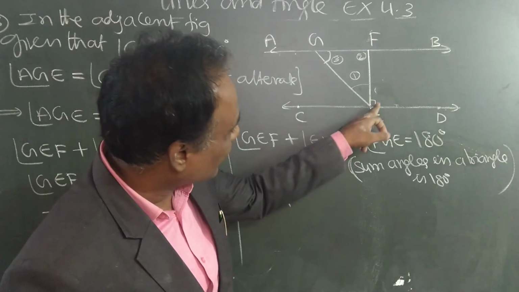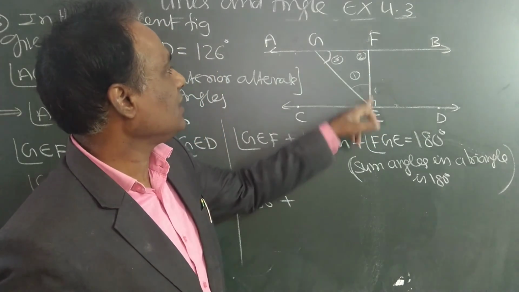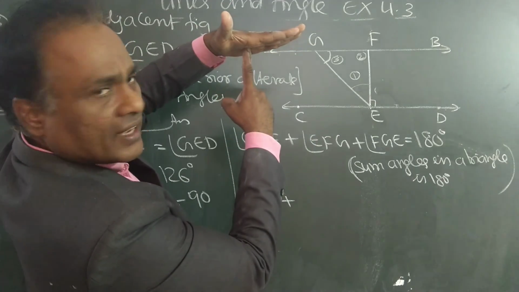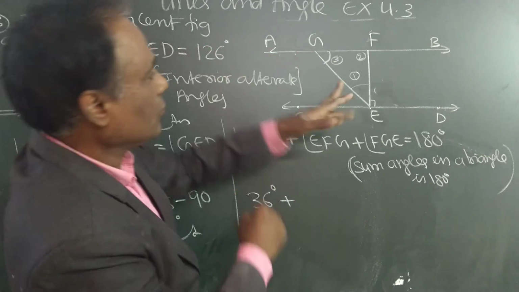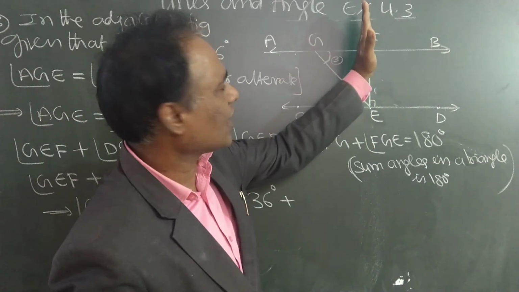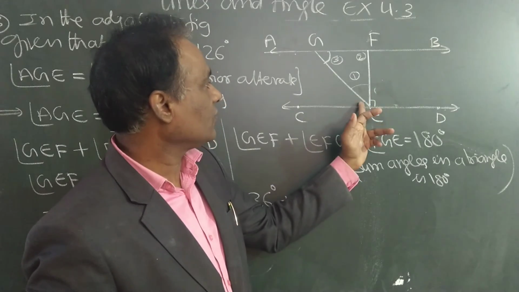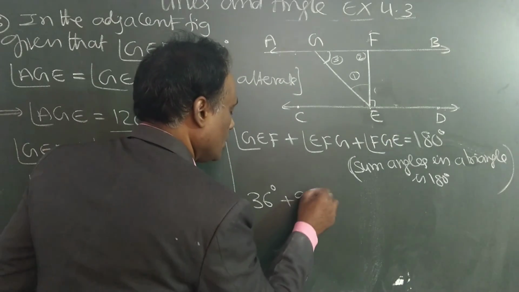This is a perpendicular line; if two straight lines are perpendicular, the angle will be 90 degrees on both sides. It is given in the problem, so this angle is 90.